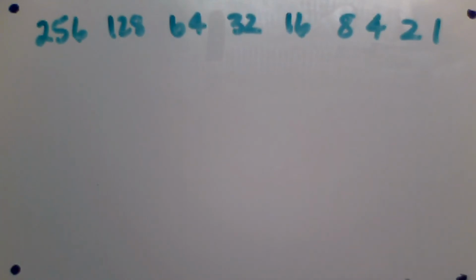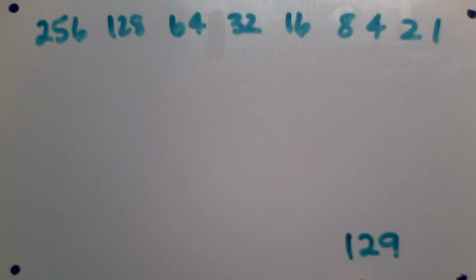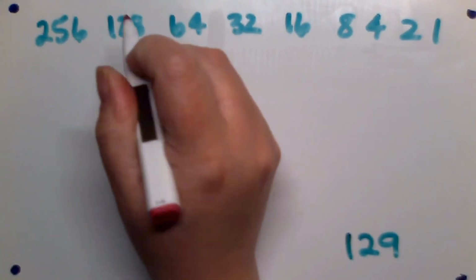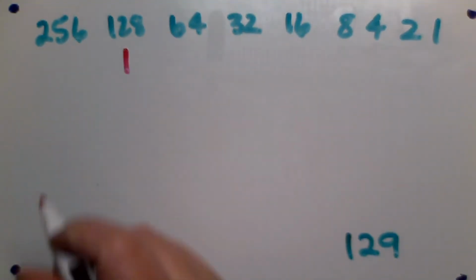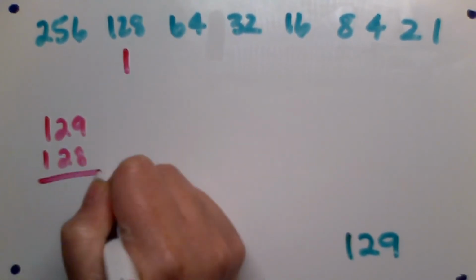Let's figure out what binary number 129 is. Again, we're looking for the first number that completely fits into our decimal number, and that happens to be 128. So this one's kind of an easy one. We're going to say yes, 128 can fit in. So we're going to subtract 128 from 129.